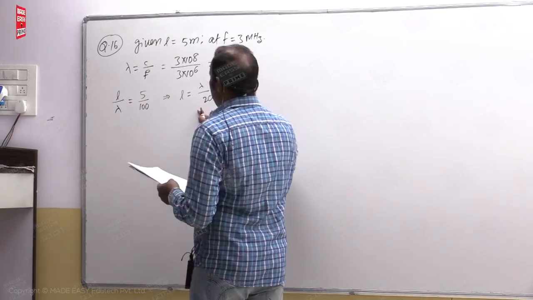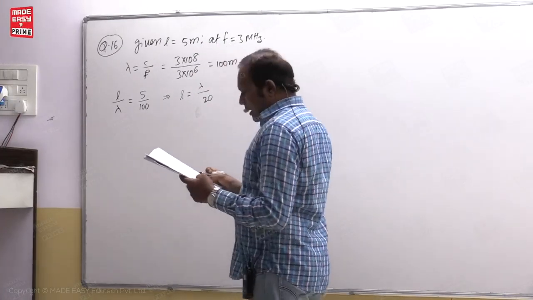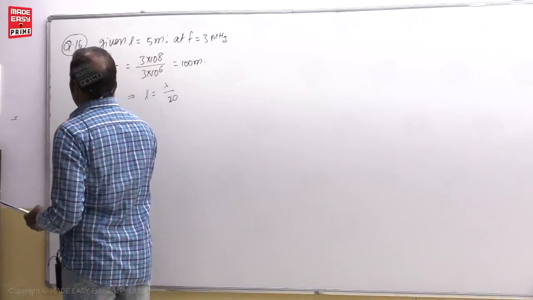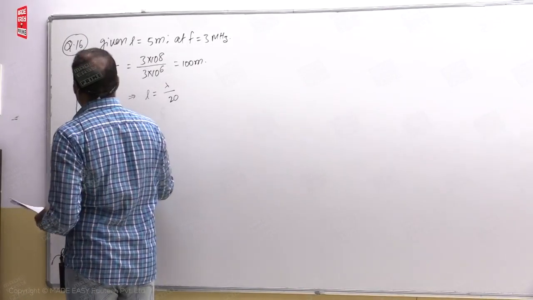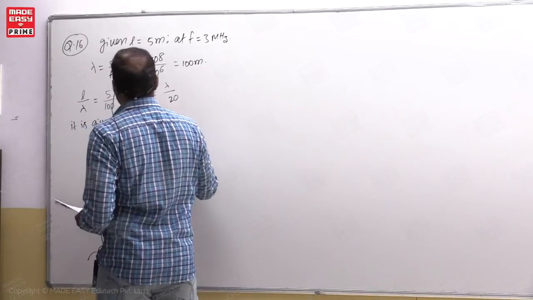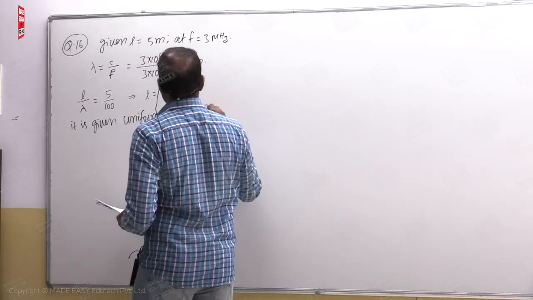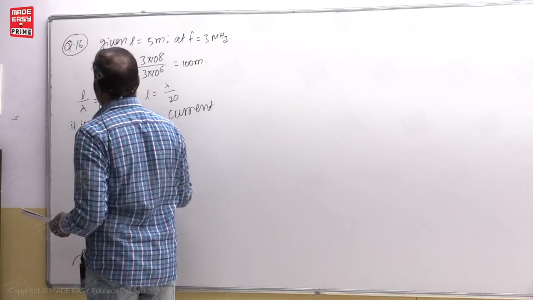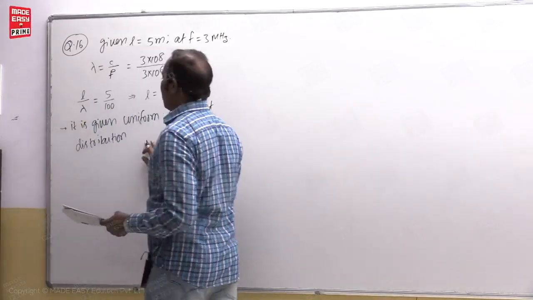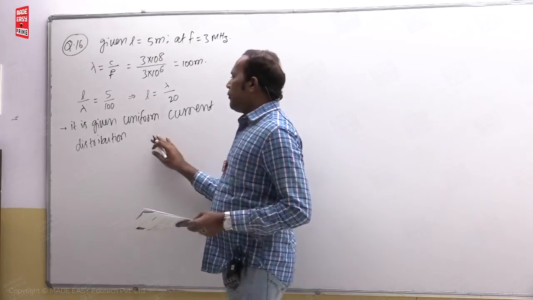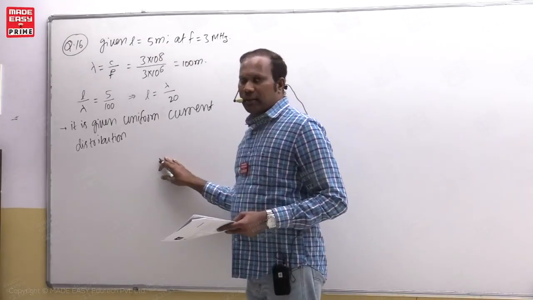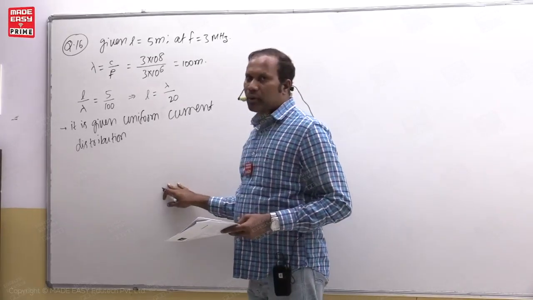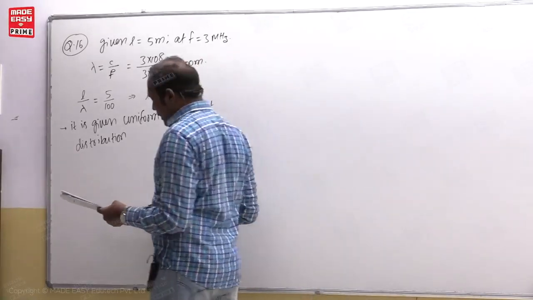But in this question it is given uniform current distribution. It is mentioned particularly in this question. So whenever uniform current distribution is given, then for length of the antenna less than or equal to lambda by 10, you have to take 80 pi square for radiation resistance.